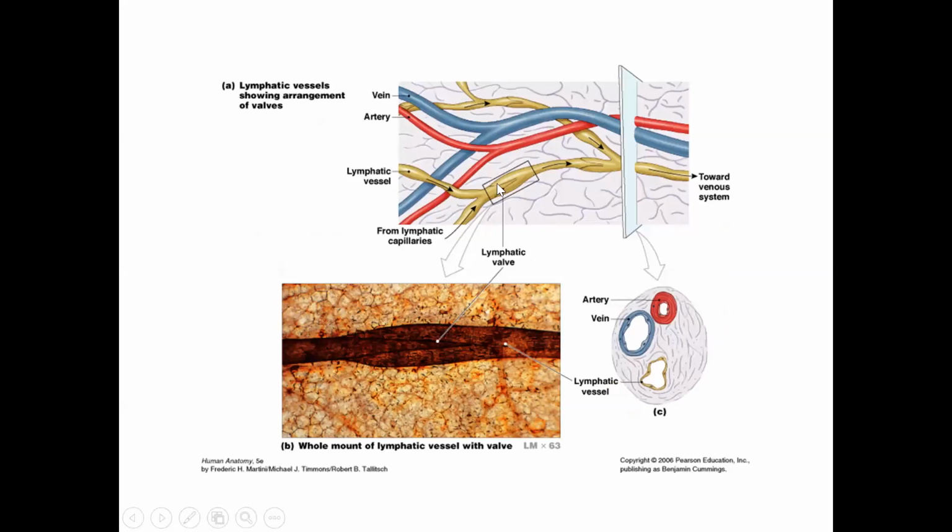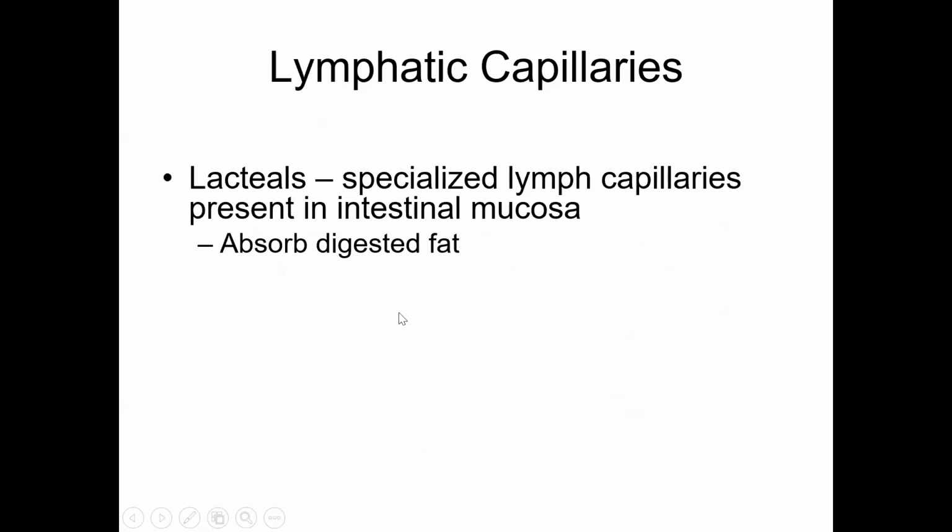This is another picture of the lymphatic capillaries. You see this line representing the valves, and it can be pushed open to allow bigger molecules into the lymphatic circulation. I gave you an example: the small fat molecules have to be absorbed into the lymphatic capillaries and then eventually circulate back to the blood circulation.